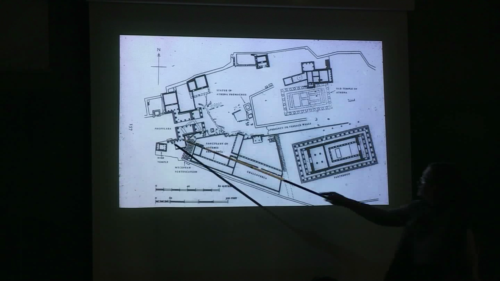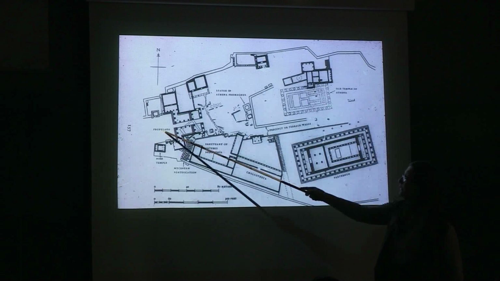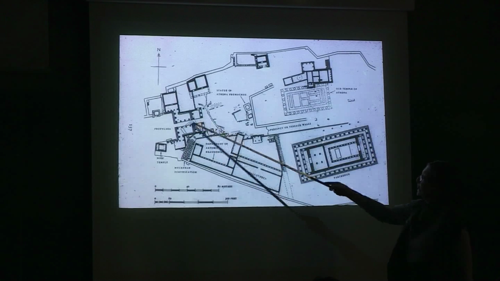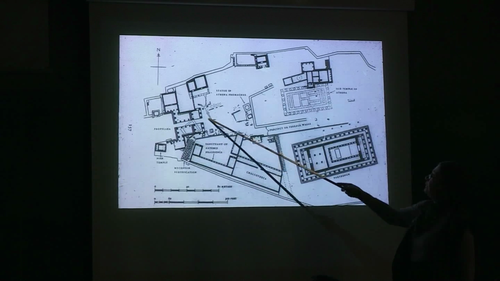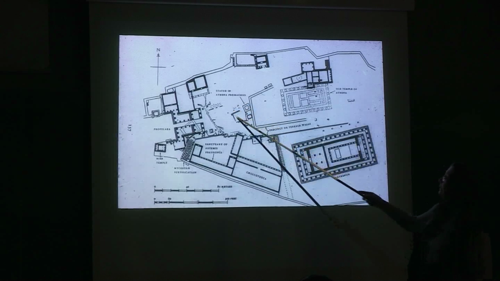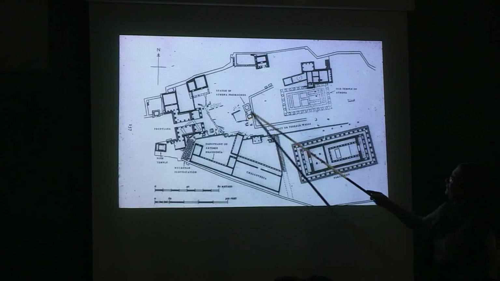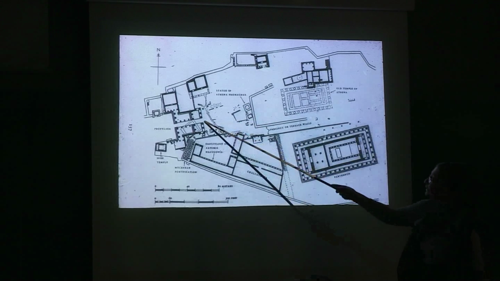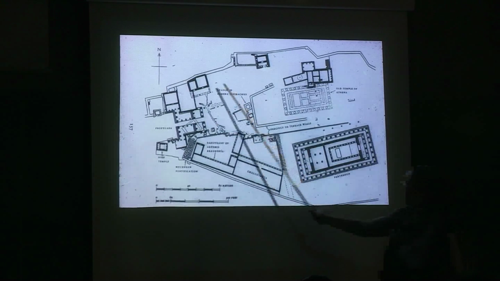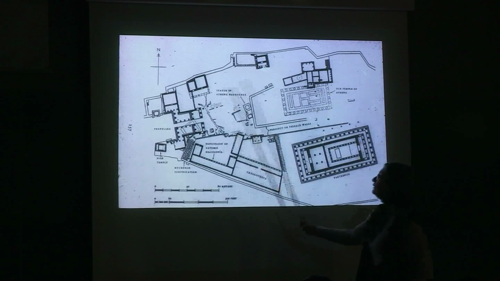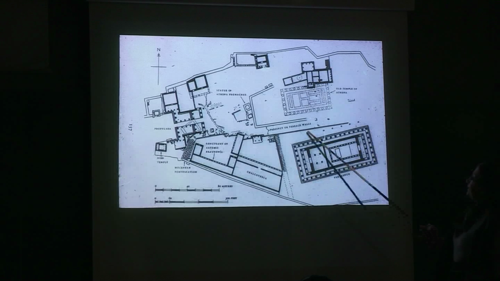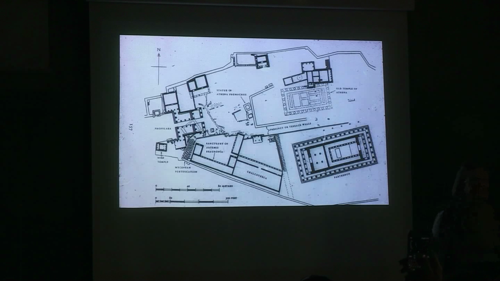So, in plan, again, you proceed through the propylaea, and once you emerge, you see the statue of Athena here, and then as you have your first gaze toward the Acropolis, you have the three-quarter view of the Parthenon. A very calculated sequence.